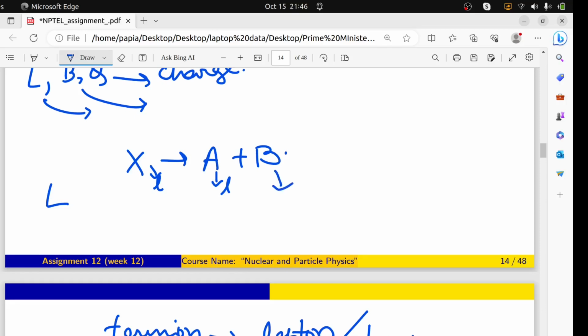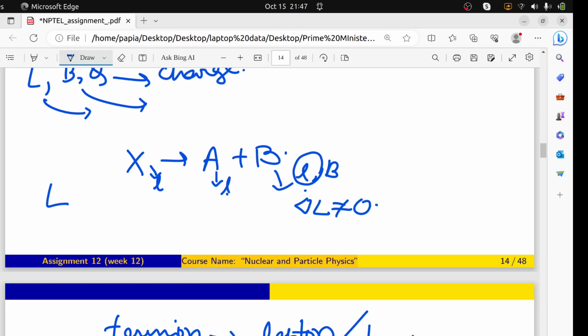So, if I take the first assumption that B is a fermion, fermion means it can be lepton or baryon. Let's say it is a lepton. At that condition, lepton number will be violated, because here is a lepton, here is also one lepton and here is another lepton.